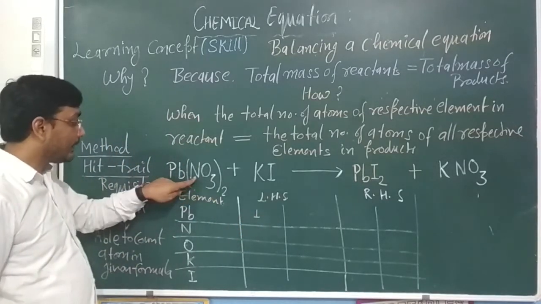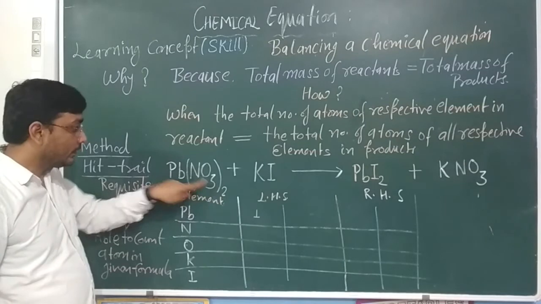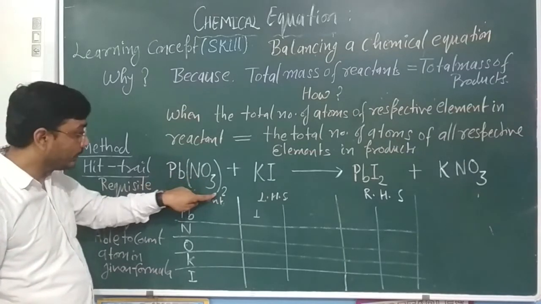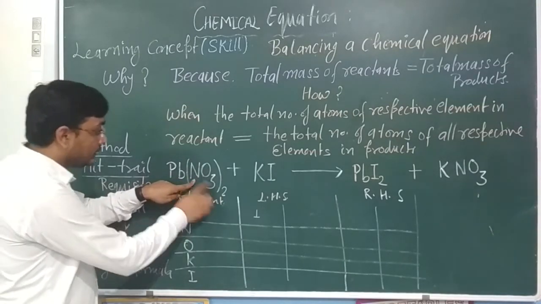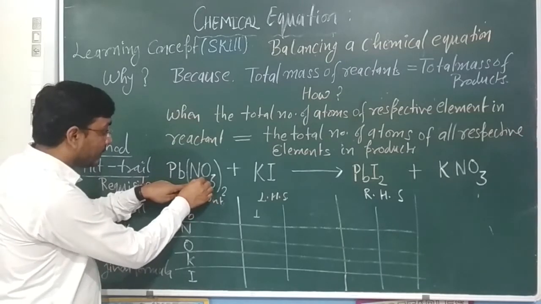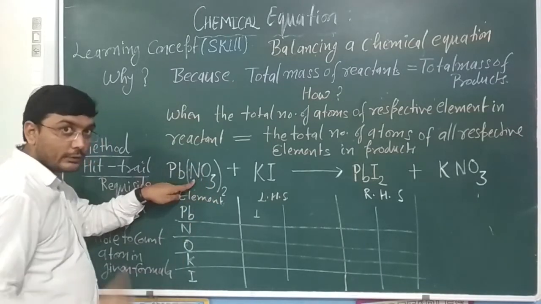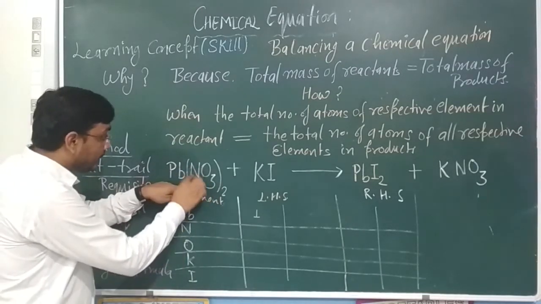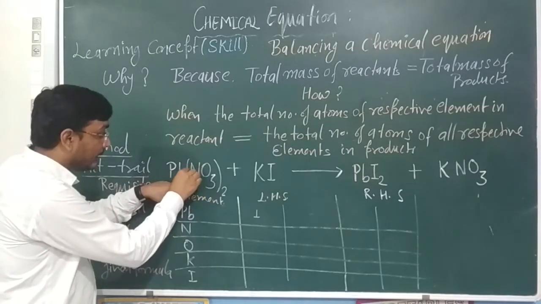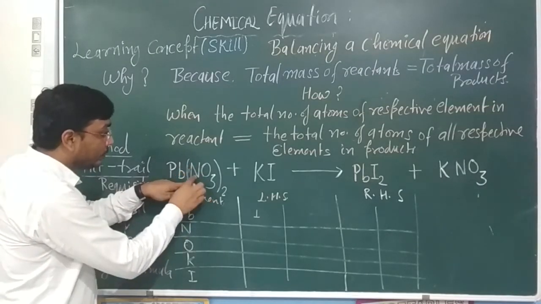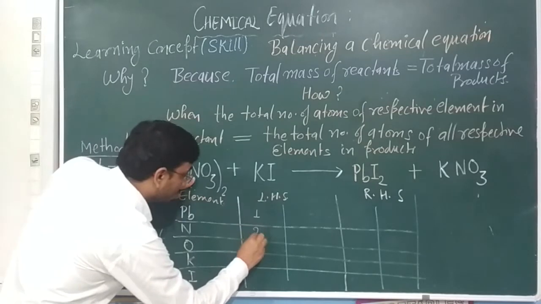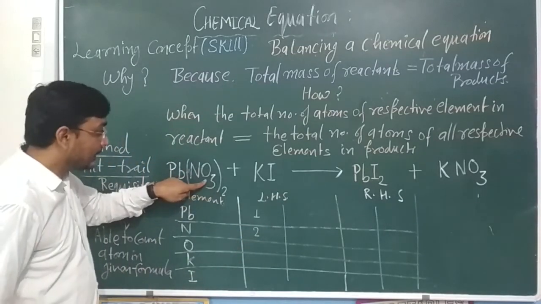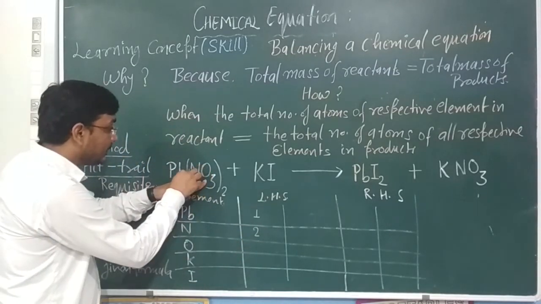Now, how many nitrogen atoms? So 2 here, 2 multiplied by 1. So 2, 1, here is also 1, here is also 1. Are you getting it? So 2 multiplied by 1 nitrogen. So 2 into 1, nitrogen atoms, 2. Oxygen, here 1.